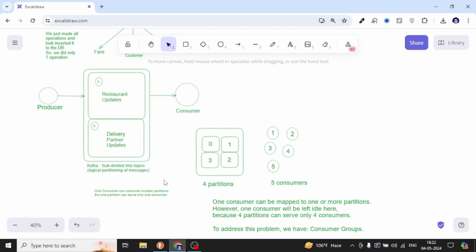Let me explain. Logical partitioning of messages, like in the context of a food delivery application, some updates will be from the restaurants and some will be the delivery partner updates. For example, a message that food is currently being cooked or we received your order will be from the restaurant, while your food is arriving in the next 3 minutes, or your food has arrived on the doorstep, will be the delivery partner updates.